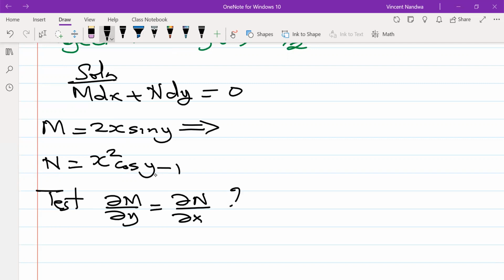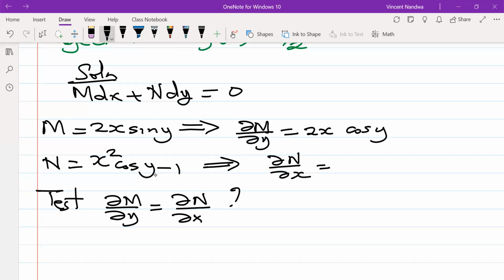From M, partial y is going to give us 2x cos y, and partial N partial x will be 2x cos y.